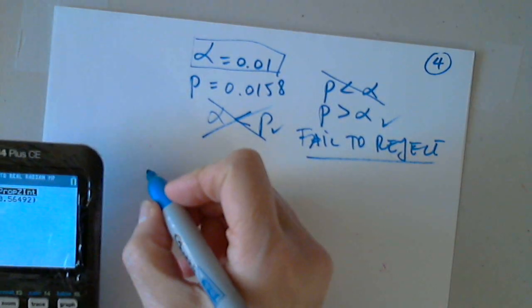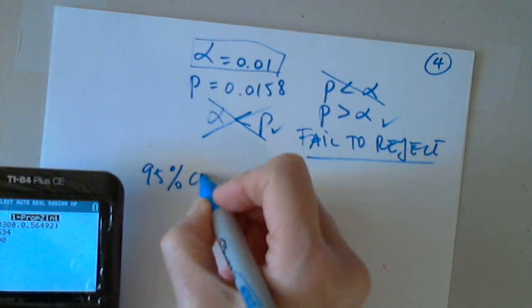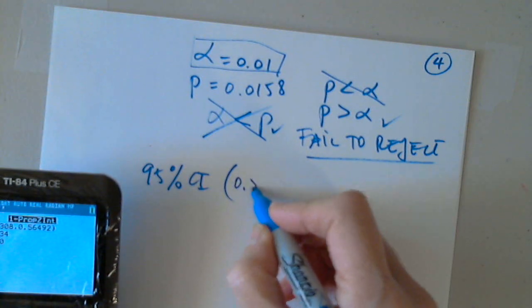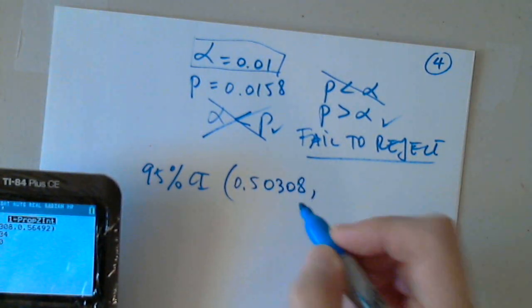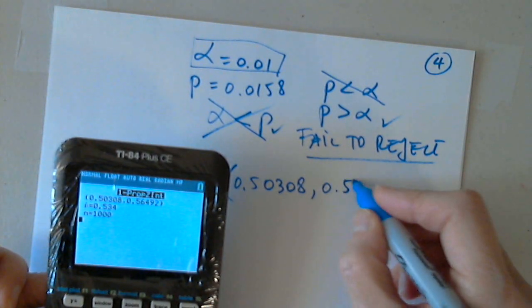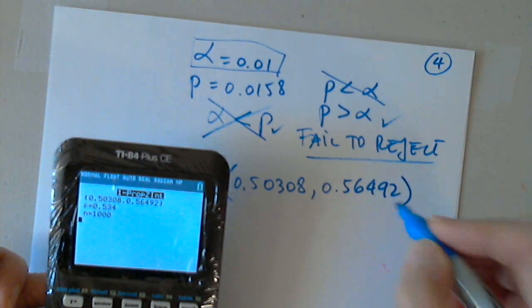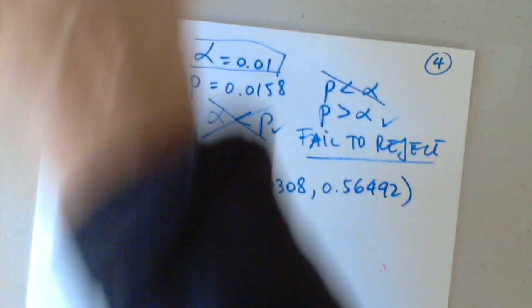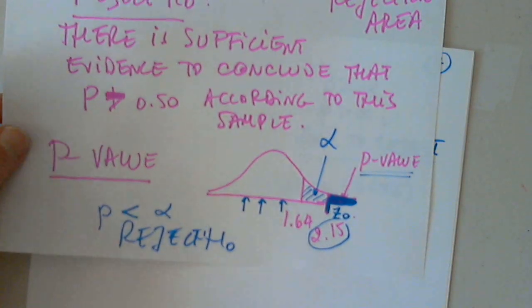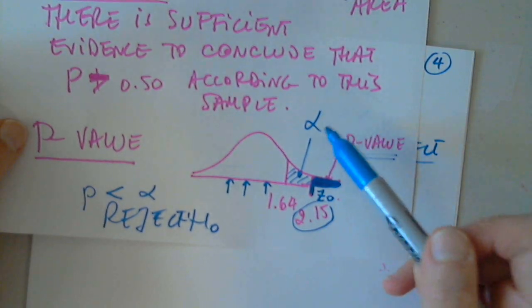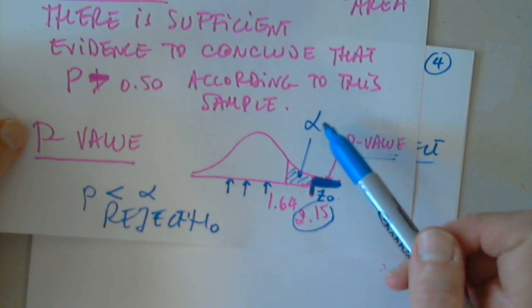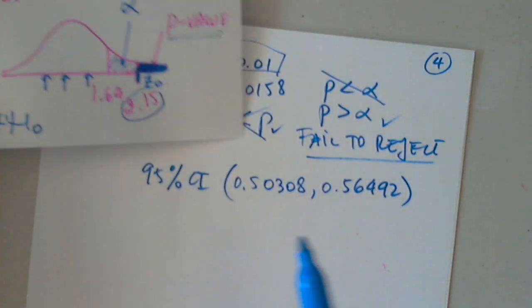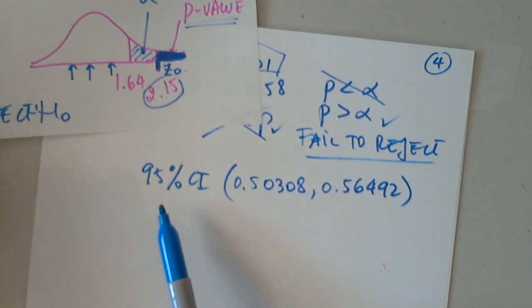So the 95% confidence interval is 0.50308, 0.56492. Coming back to our conclusion, at a level of significance of alpha 0.05, that's what we did.